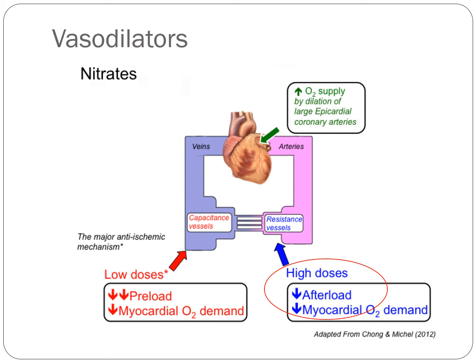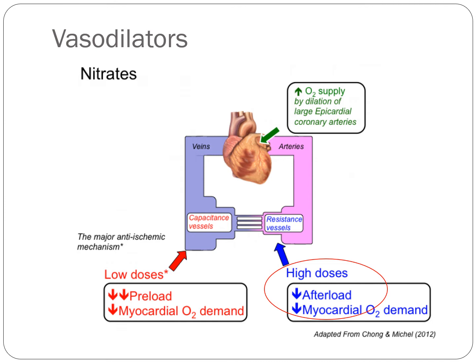Nitrates are used quite commonly in our cardiac patients. They have different mechanisms of action depending on whether a low dose or a high dose of the nitrate is given.